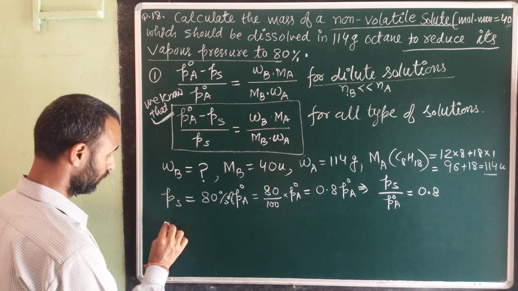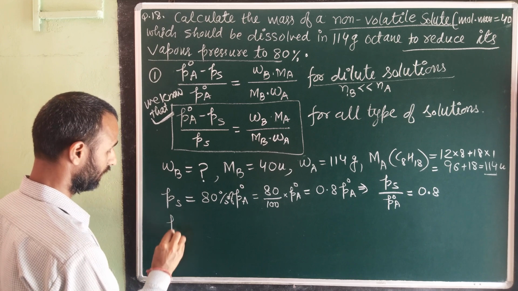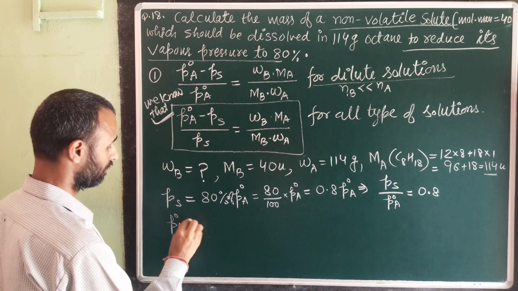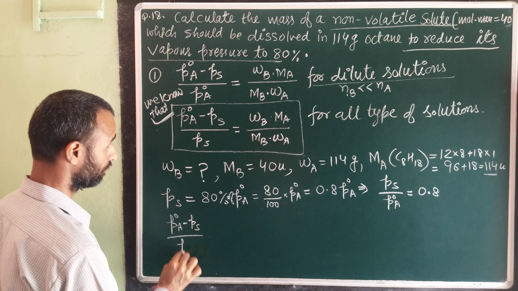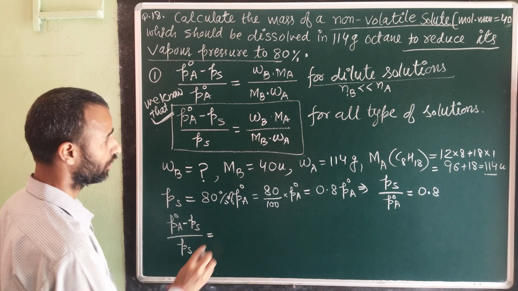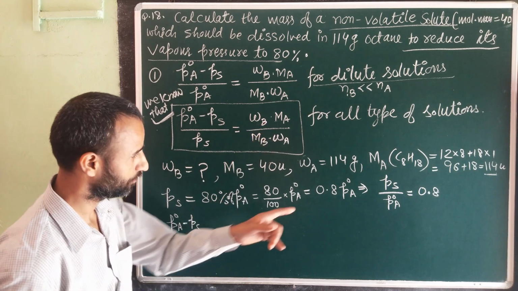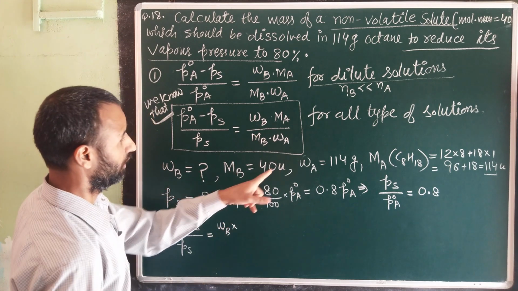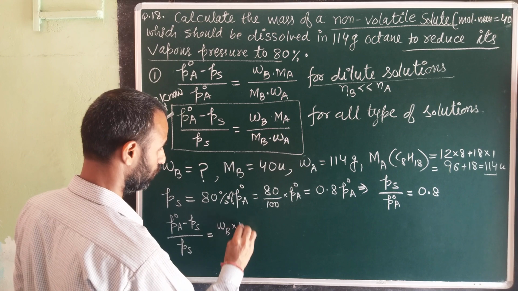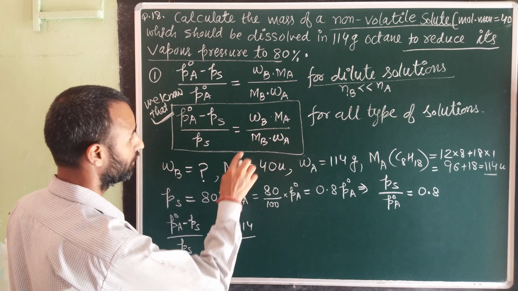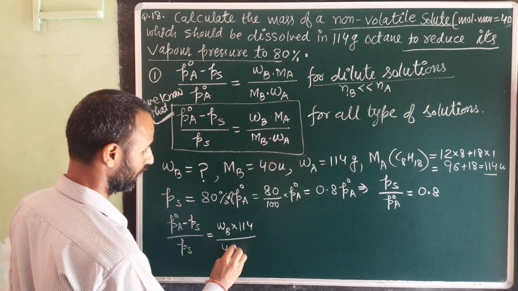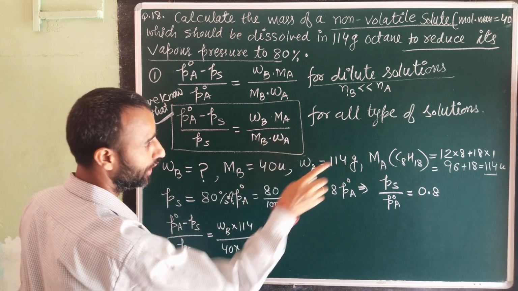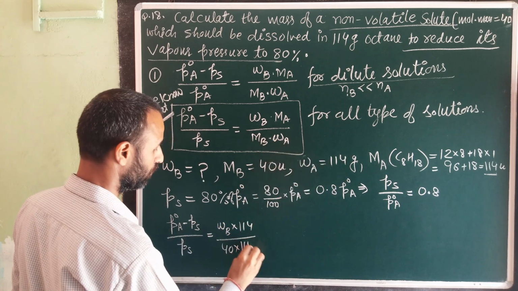Now just apply this formula. You know, (P naught A minus PS) over PS is equal to WB, which we have to calculate, over MB, into MA 114 over WA. MB is 40, and WA is also 114.